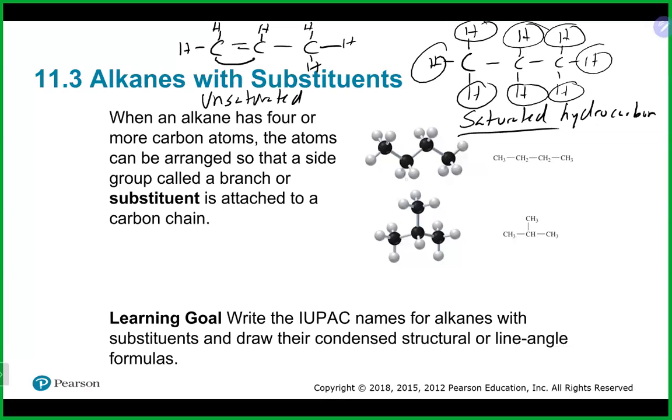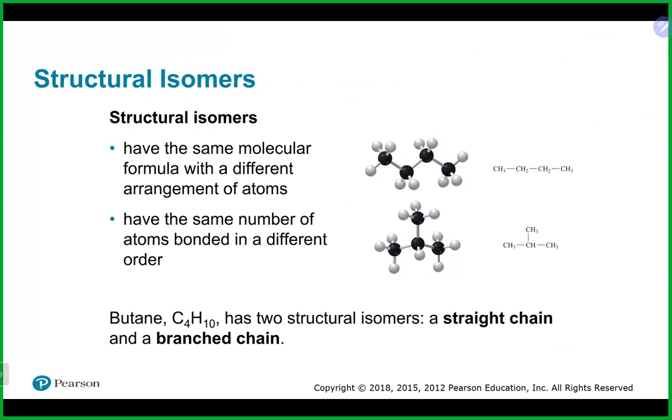Remember that we can have a straight chain sort of connection, which everybody just runs side by side. We can have sort of a long straight chain, and off of that, maybe some branches that occur, some other things attached to the longest part of the molecule, which is known as a branched chain. So when we talk about certain compounds, we have what are sometimes referred to as isomers.